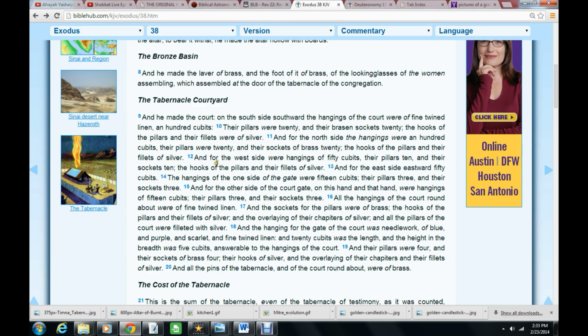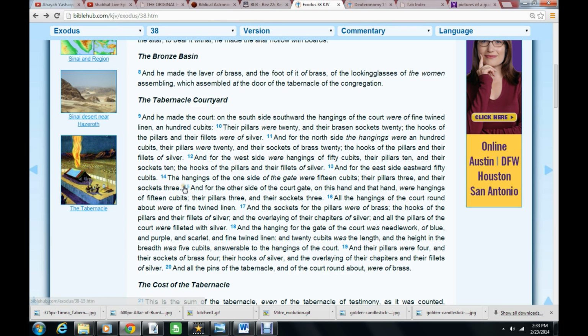And for the west side were hangings of 50 cubits. 50 this time, not 100. Their pillars 10, and their sockets 10, and this is the west side. The hooks of the pillars and their fillets of silver, so they're all silver. And for the east side, eastward, 50 cubits.